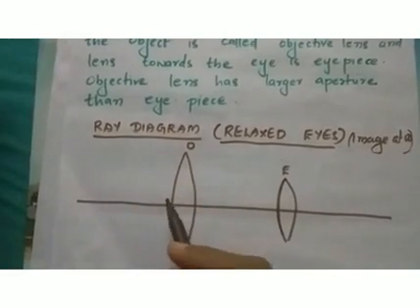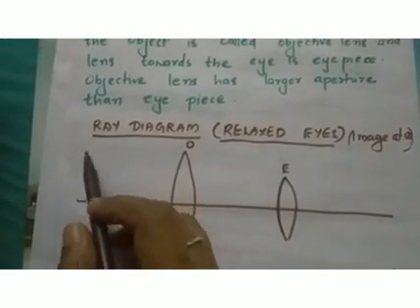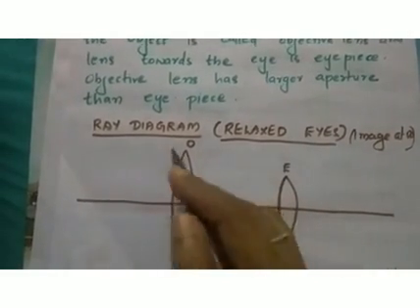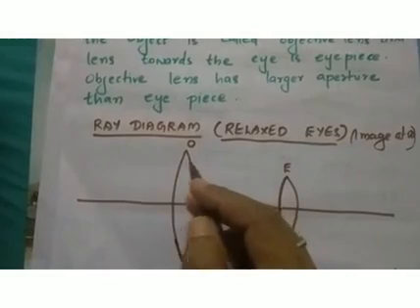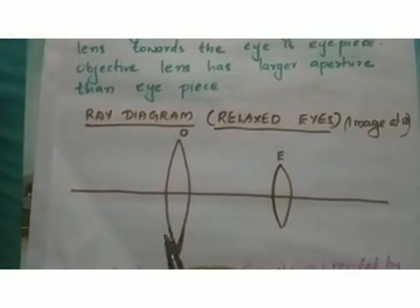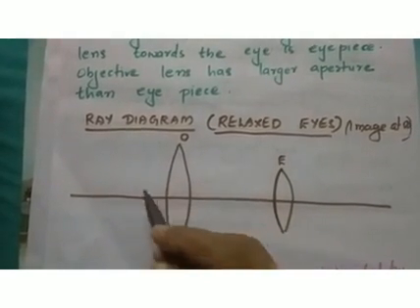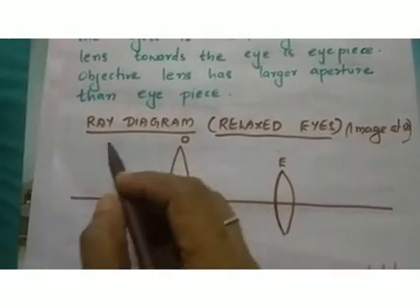So we assume that the objects are at infinity and from infinity parallel rays will come. So parallel rays are received by this objective lens.